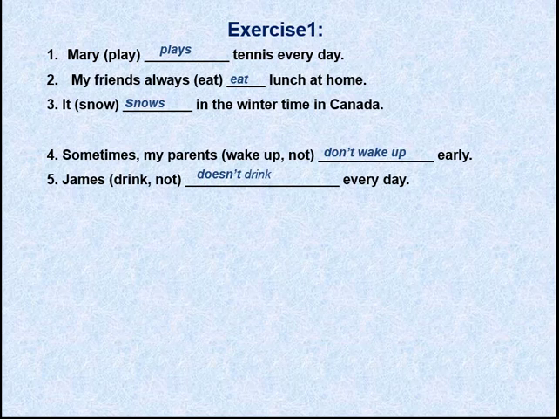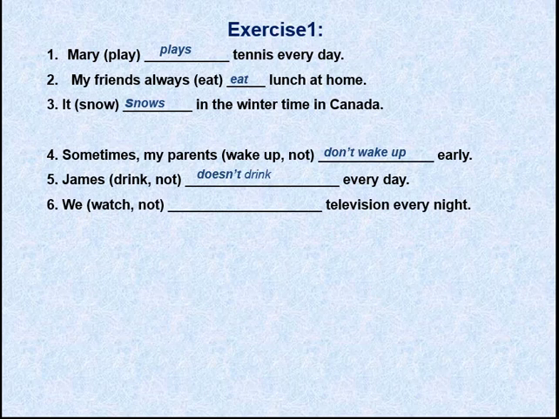We use don't if we have a base verb without s. We use doesn't if we have a verb plus s. We watch not television every night. We don't watch.